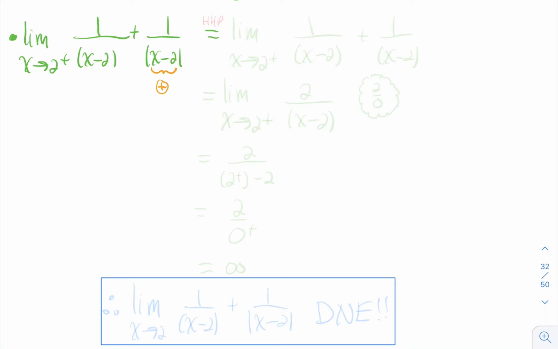To deal with the absolute value, you just need to erase it. When it's positive, you do nothing to it, you just erase it. So you get the limit as x goes to 2 from the right of 1 over x minus 2 plus 1 over x minus 2. And now these two things are adding up. So a potato plus a potato is 2 potatoes.